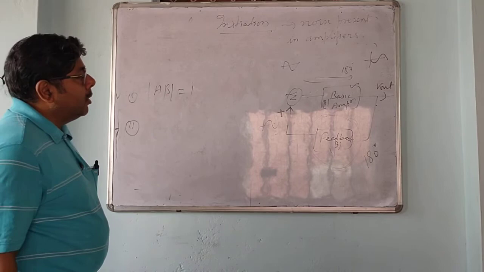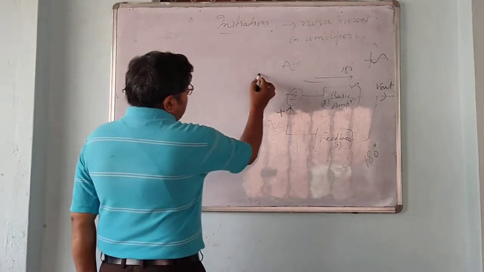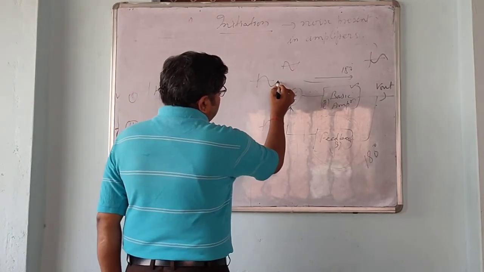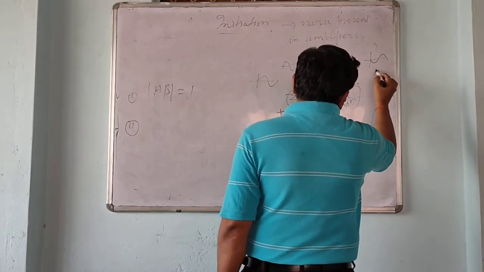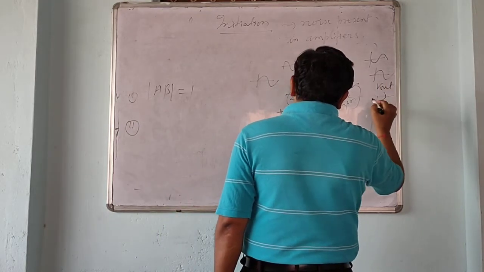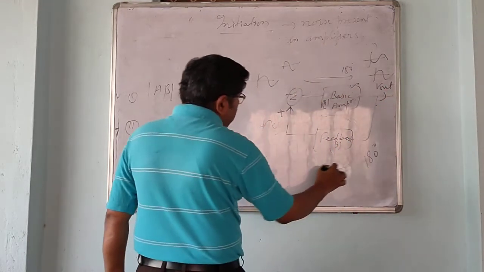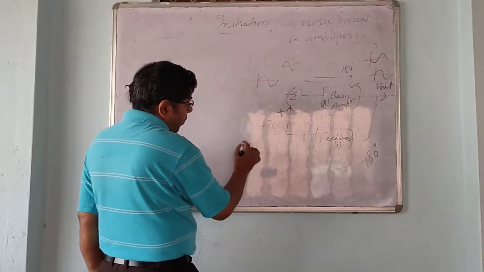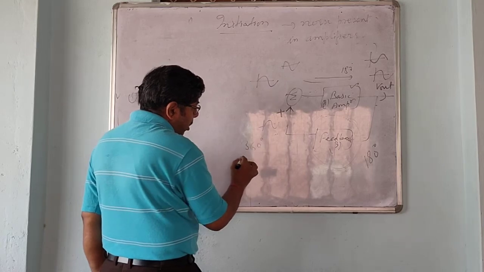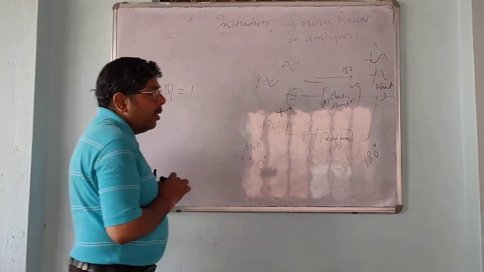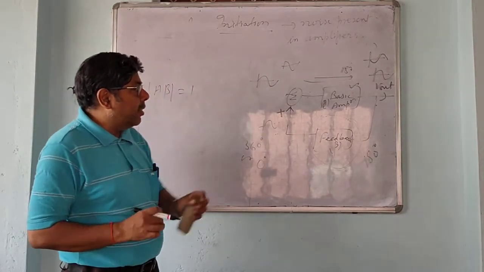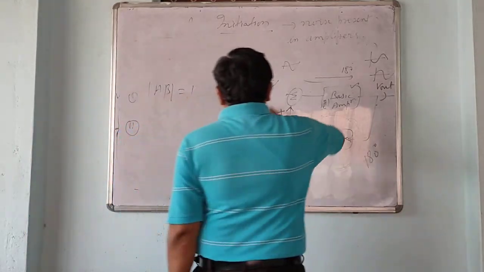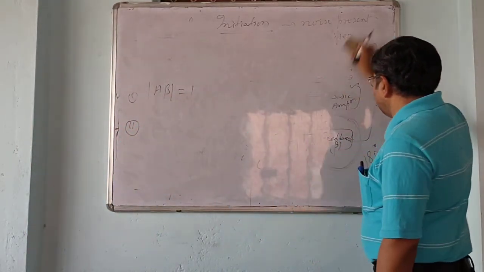So this is the concept. And if the signal is not inverted, then this feedback network must provide total 360 degree or 0 degree phase shift. Then you will get it in the same phase. So these are two major conditions.